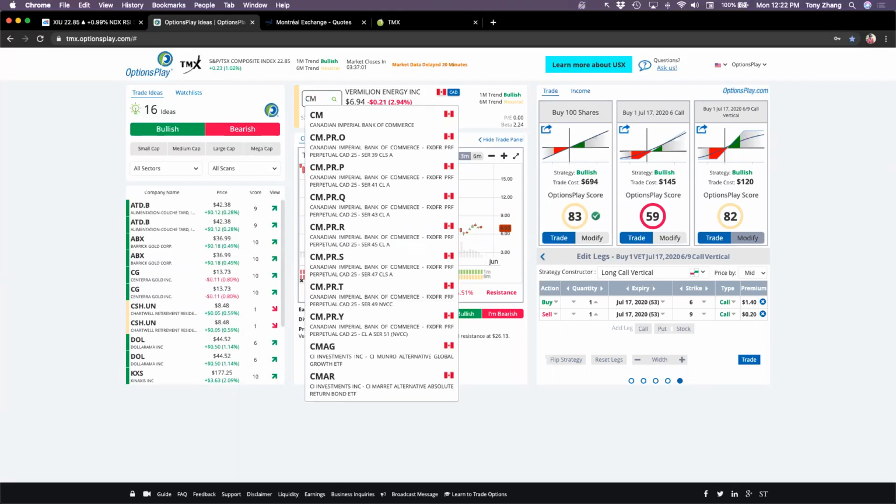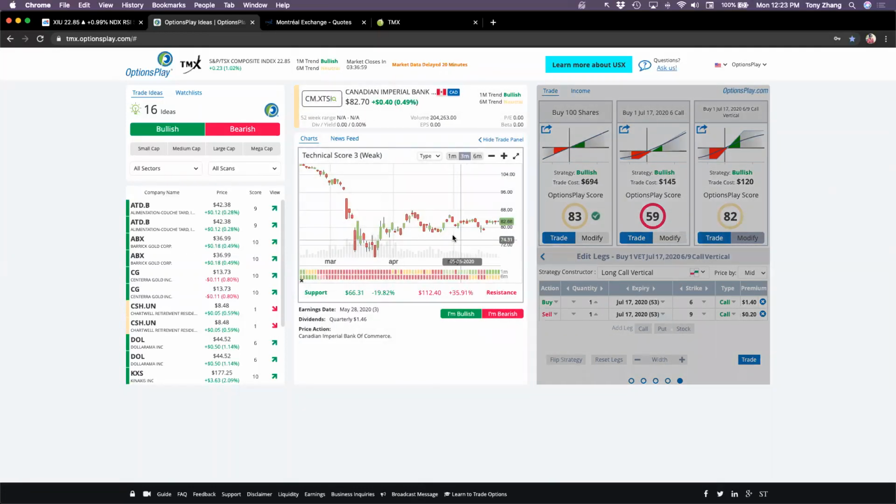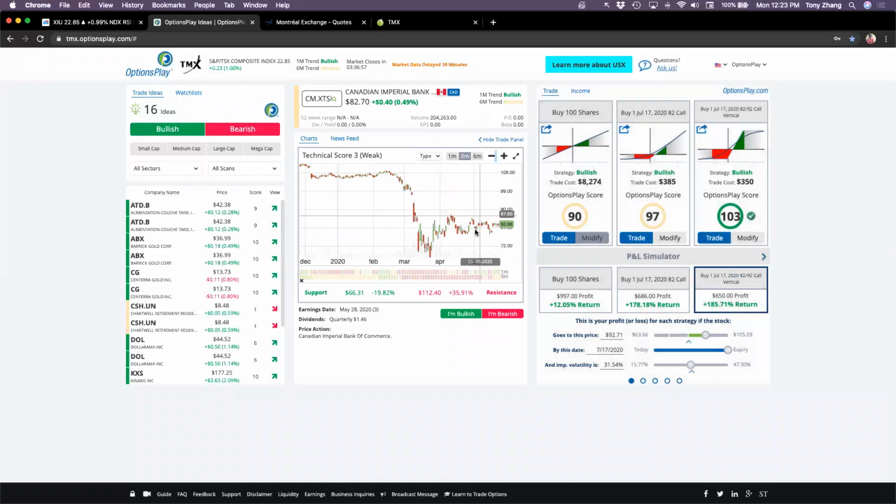Someone's asking for Canadian Imperial Bank, which is very similar to the TD chart, and my views here are exactly the same as far as the stock. I think financials are going to have a tough time, and this is purely just a rates play.